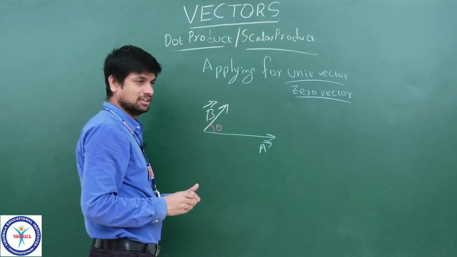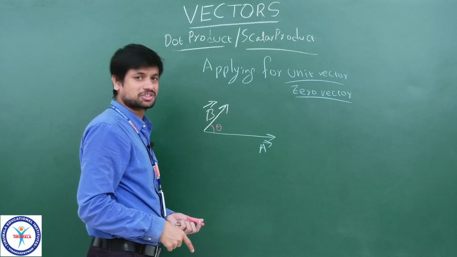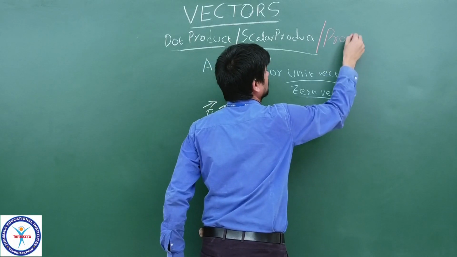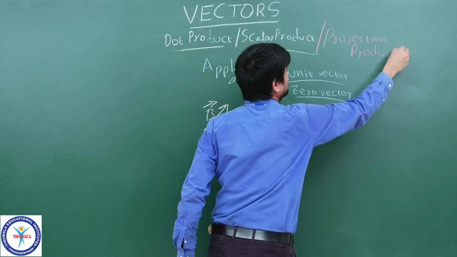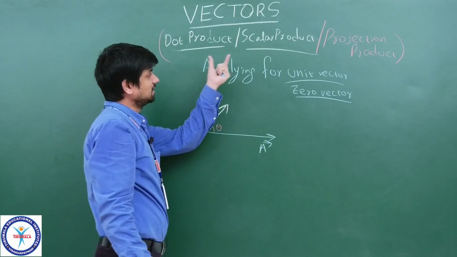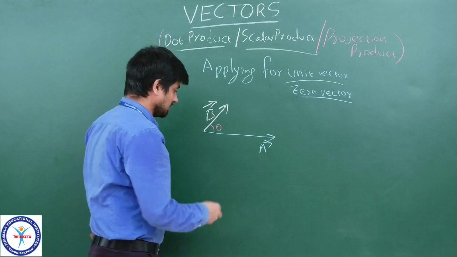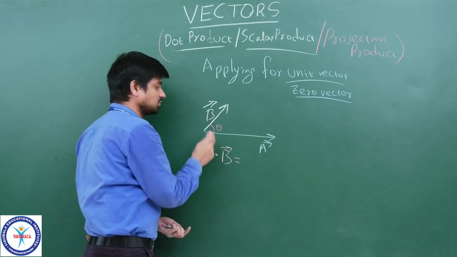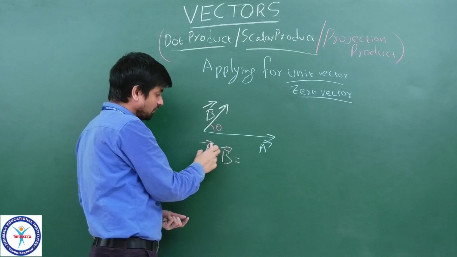If I want to get its dot, or scalar, or projection product, keep it in mind, children, this also has the name inner product. So many names we have: scalar product, projection product, dot product. Now I want to get A dot B, the dot product of two vectors with angle theta. What is the formula? According to the definition, take first the vector magnitude.